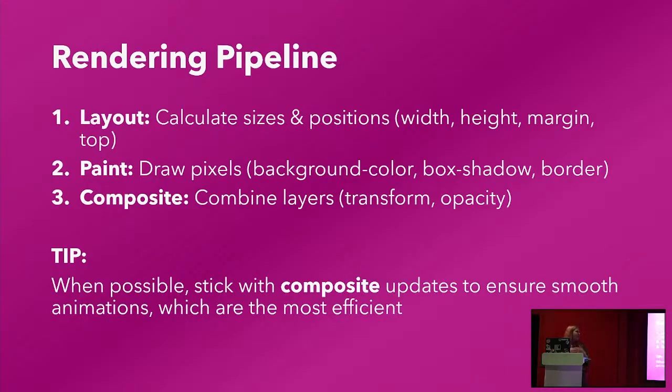Then we have paint. And paint is when it's going to be drawing the pixels. So background colors, box shadows, borders. If you have a heavy background image that you're using and it's full of flowers, and you translate and transform it, making it move back and forth, that's going to be expensive as well because you're repainting that picture and all of those pixels every single time you move that element.